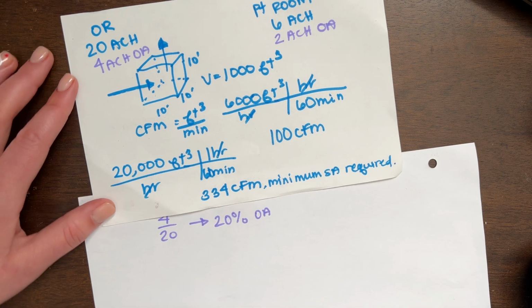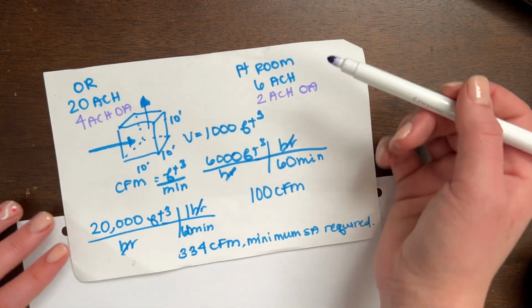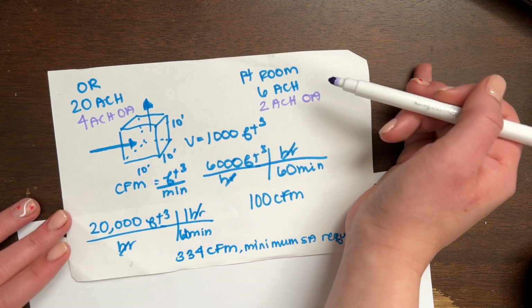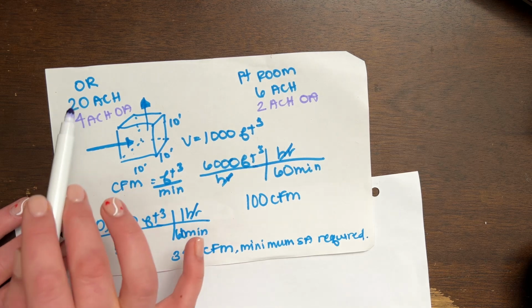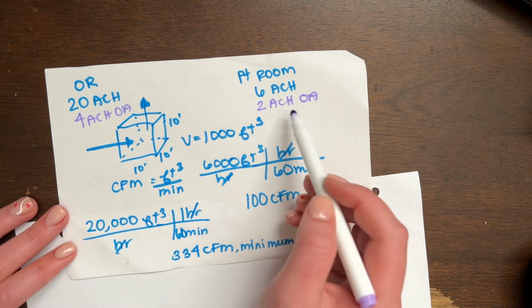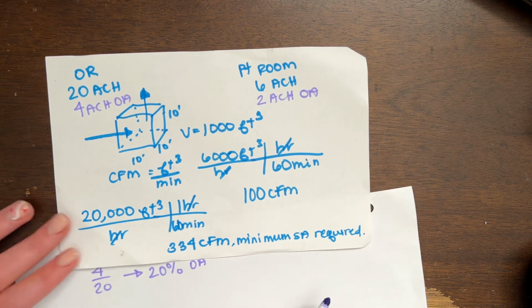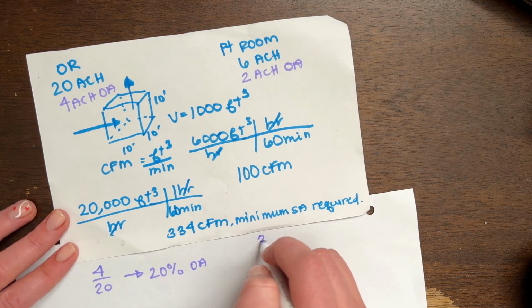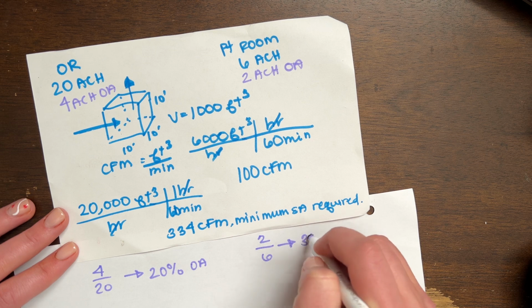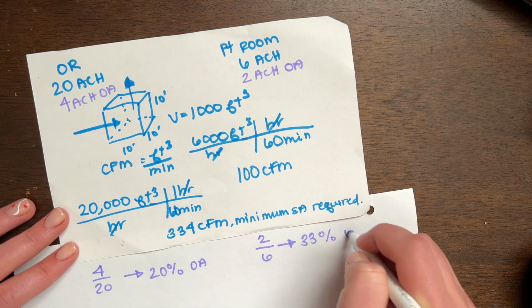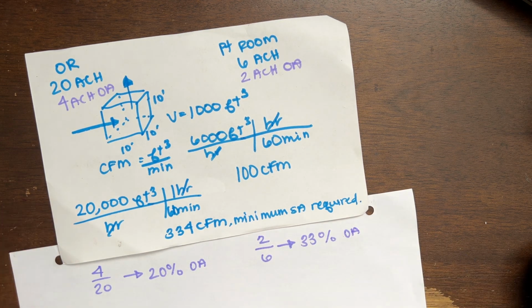Then we go to patient rooms, and you can see that the patient room has 6 air changes of supply air. That's not as much as your operating room, but it requires 2 air changes of outside air. So we do that simple fraction again, 2 out of 6. That gives us about 33% outside air that's required for each of those spaces.